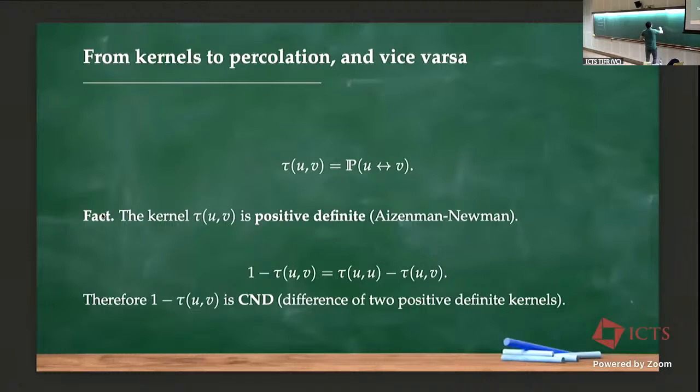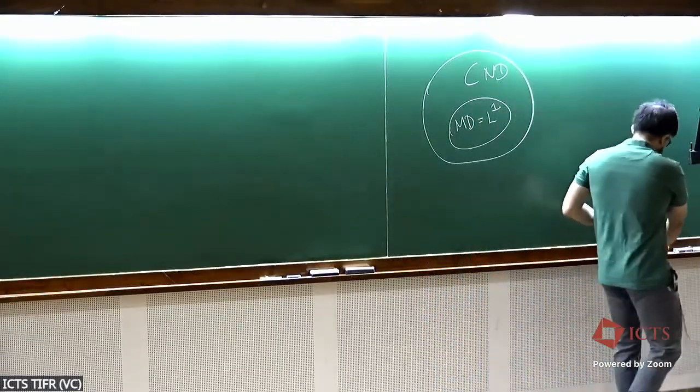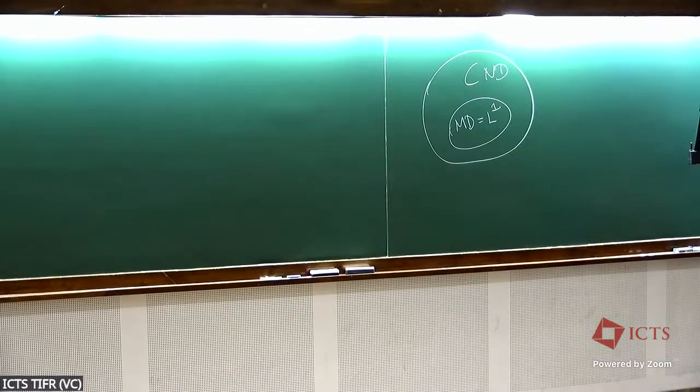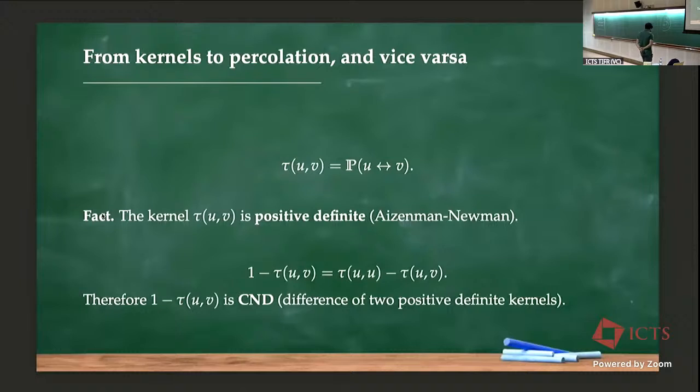So here I have all CND functions, and inside I have the measure definite CND kernels, and also inside, strictly inside, I have the L1 kernels. And the difference of two positive definite functions is actually conditionally negative definite. You can check this very easily.